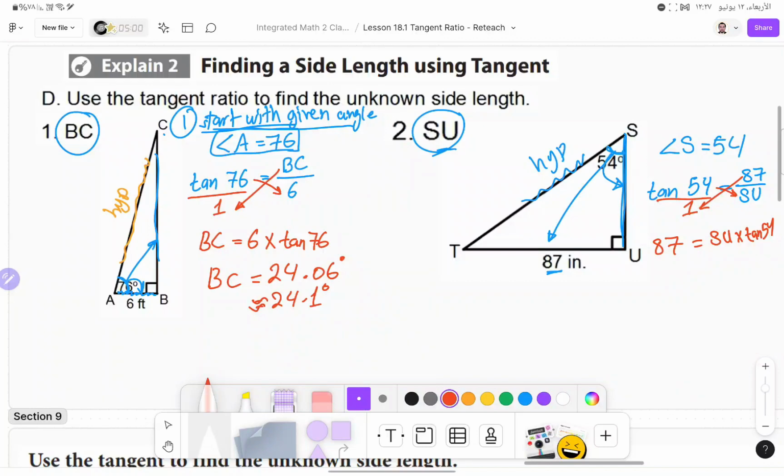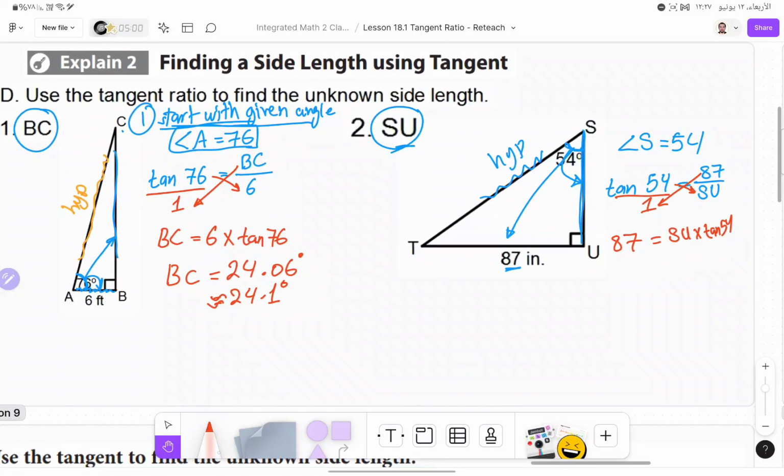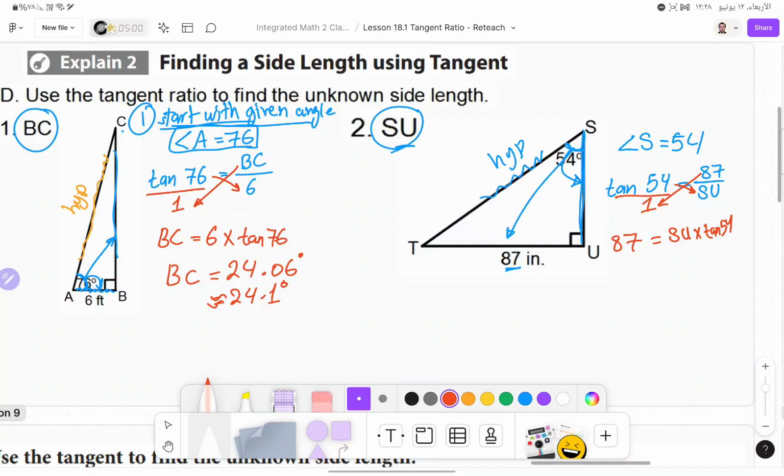Now if you look to the question here, we need to find SU. SU is the unknown. Now to find the unknown variable, you need to isolate it. So you have to divide both sides by tan 54.